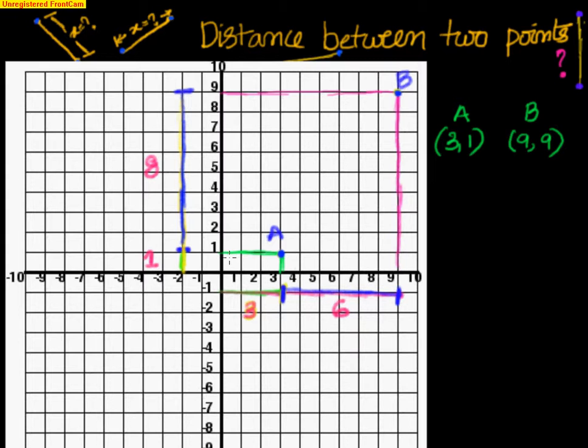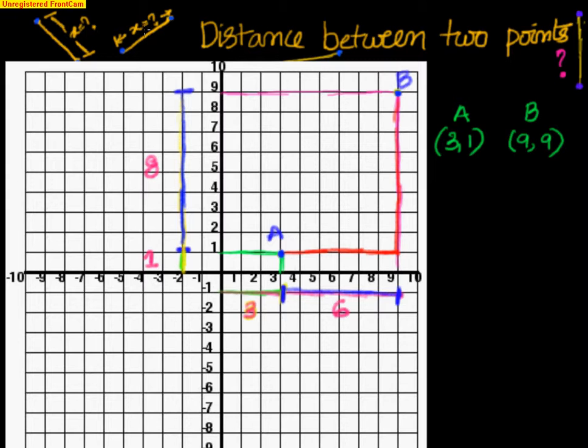So what we have done, we have taken the points and plotted them. We know how to find out the horizontal distance and vertical distance. We know only about that till now. So we thought, okay, let's go ahead and plot the horizontal distance and vertical distance. From A to B, this is the horizontal distance, and similarly from A to B, this is the vertical distance.